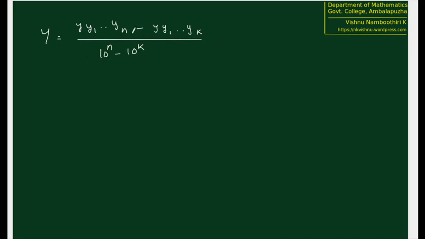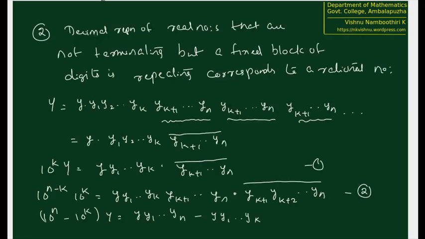So in this representation on the top we have a natural number, on the bottom we have a natural number, therefore this is a rational number. Therefore if we have a decimal representation in which after some finite digits a block of digits repeats, then that decimal representation corresponds to a rational number.